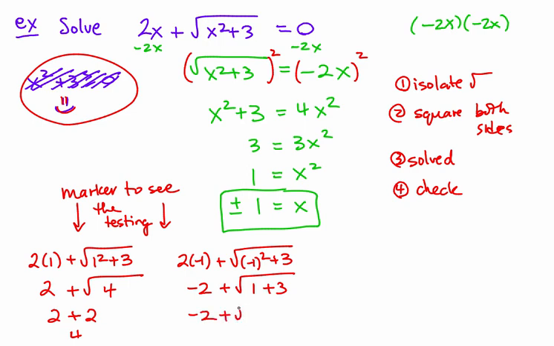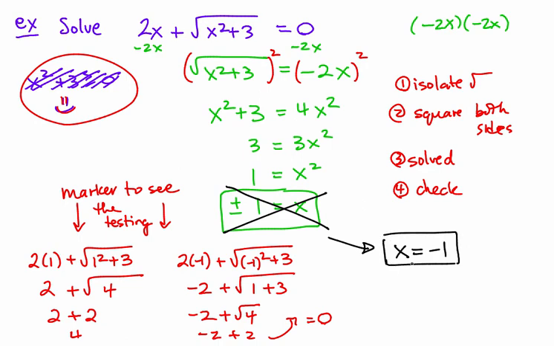So negative 2 plus the square root of 4, which is negative 2 plus 2. And negative 2 plus 2 is equal to 0. Yay, that's what I wanted. It equals 0. So although I may think this is the solution, after testing I find out that only x equals negative 1 is the actual solution.